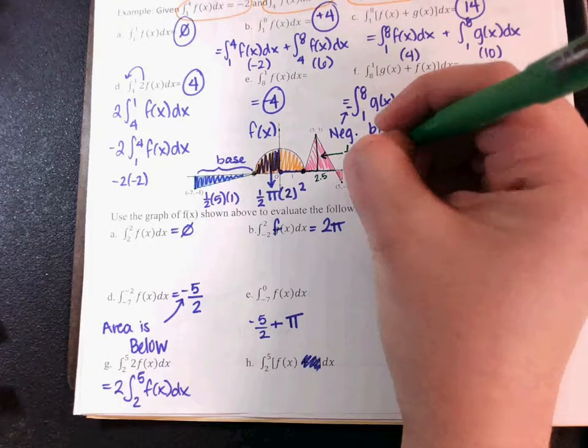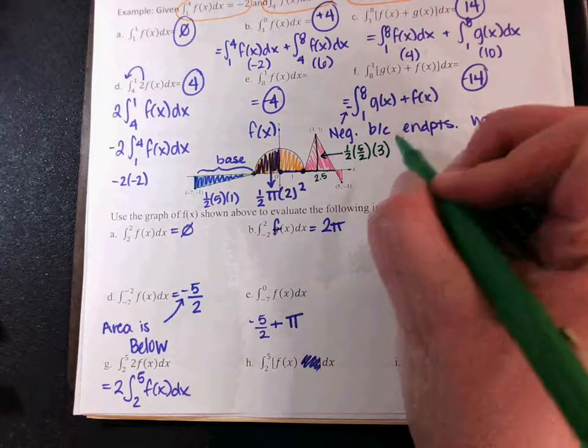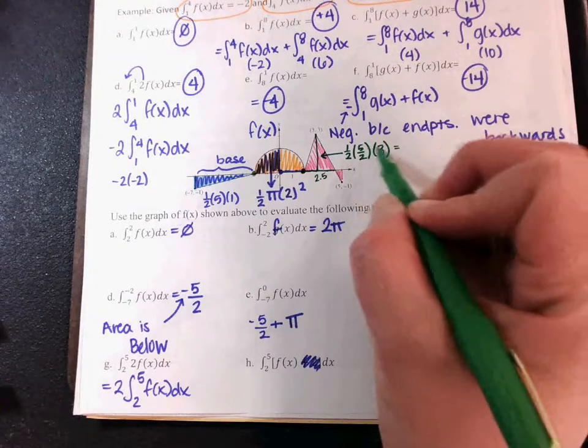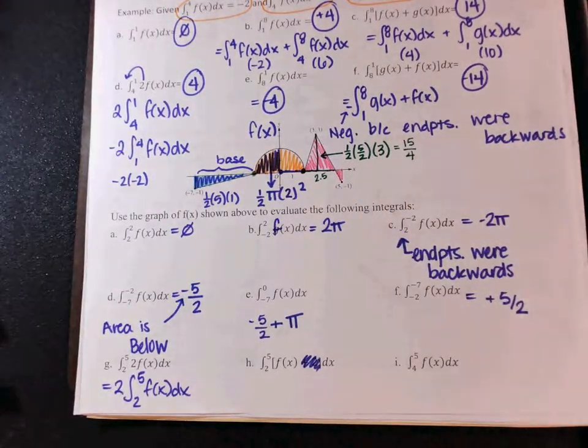My height is 3. I was going to do it as a decimal, but then if I have to cut it in half, I don't want to. So it'd be 1/2 of 5/2 times 3, which is how much? Just keep it as a fraction. But keep the 3. What's 3 times 5 on top? 15/4. Very good.